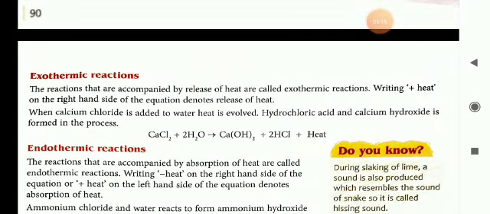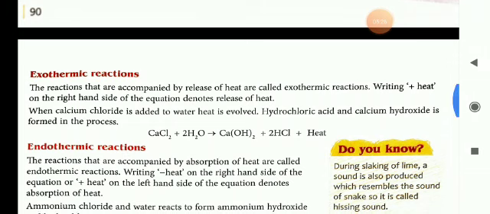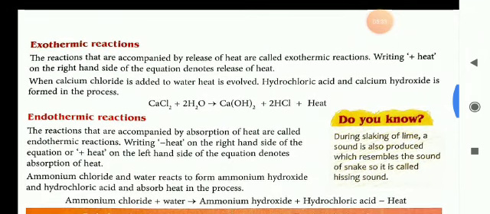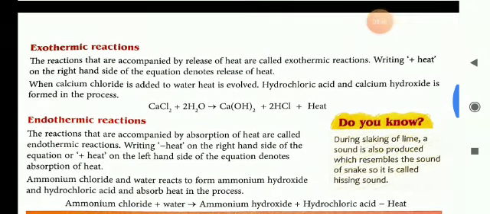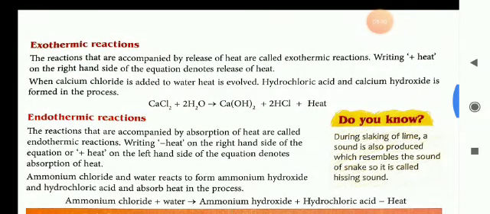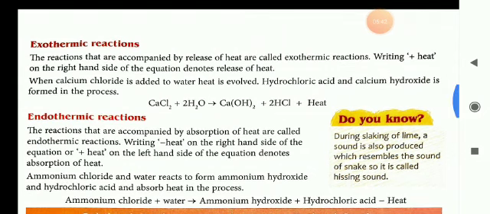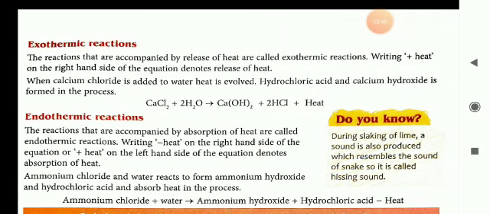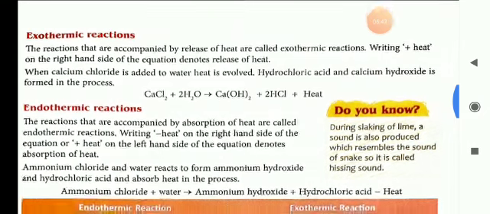When calcium oxide reacts with water, it gives out calcium hydroxide, Ca(OH)2, plus heat. This indicates that this reaction is a type of exothermic reaction. When on the product side we write plus heat, then it means that it is an exothermic reaction.